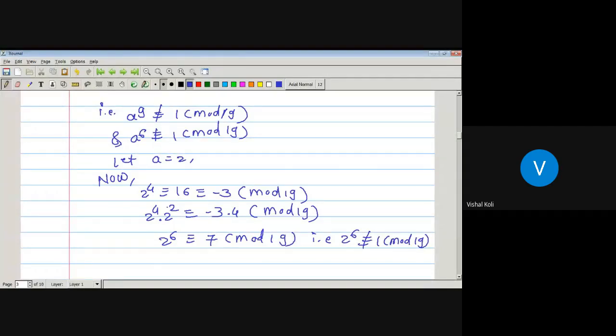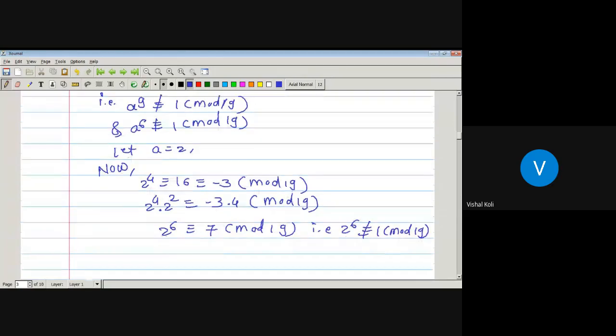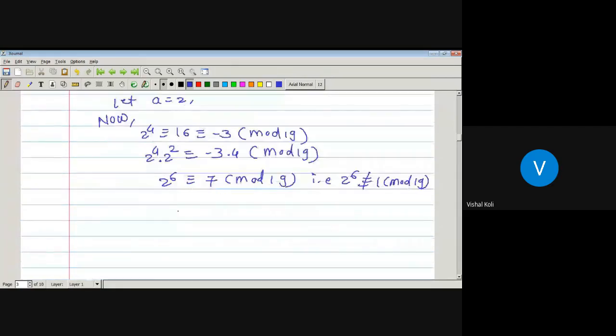Now it remains to check whether 2 raised to 9 is also not congruent to 1 modulo 19 or not. From 2 raised to 4, 2 raised to 8 is congruent to minus 3 square, which is 9 modulo 19.